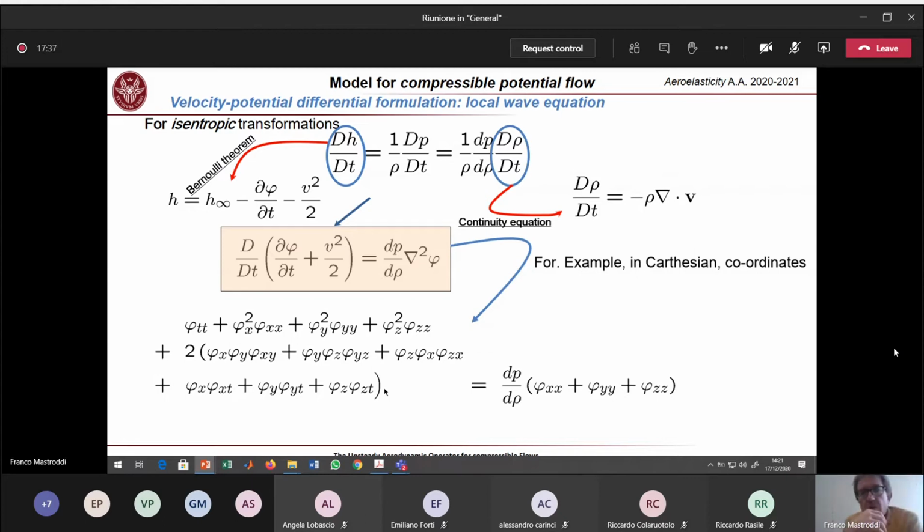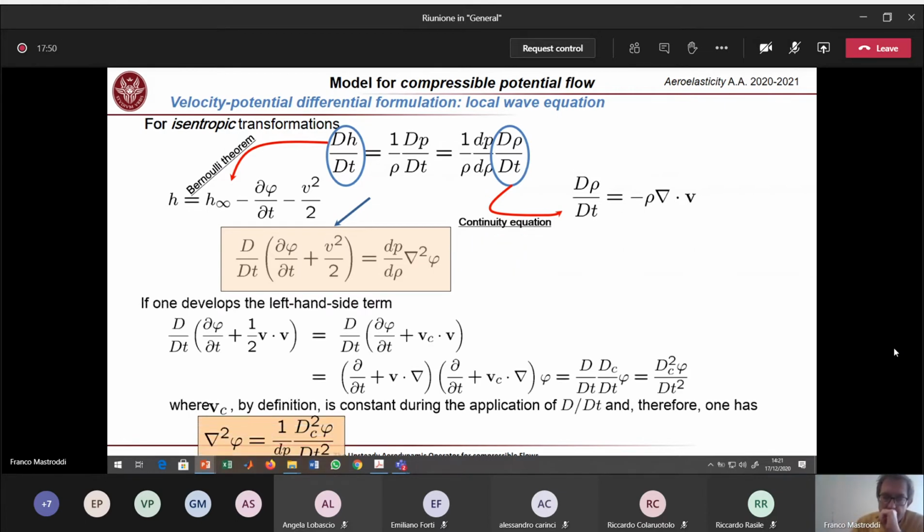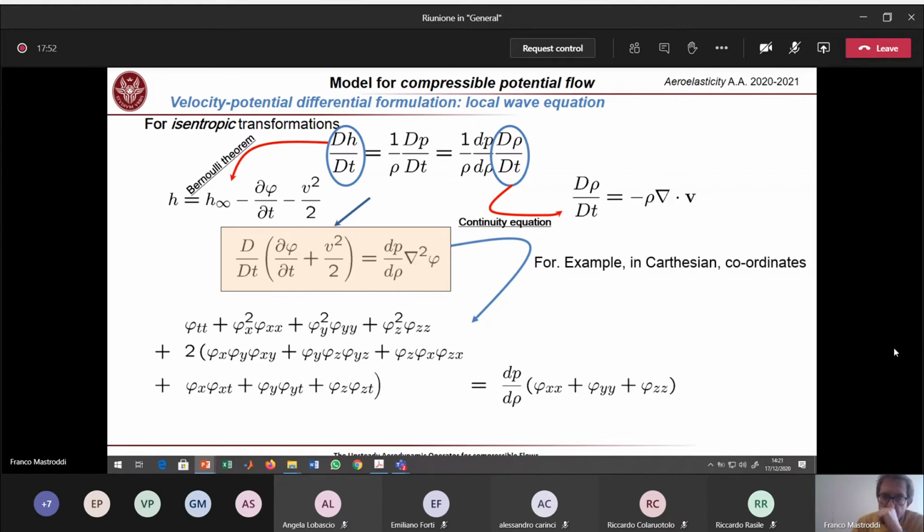Okay, and so it's clear that up to this point, this equation is quite a nonlinear equation. We have to consider the following question: is this equation a wave equation or not?